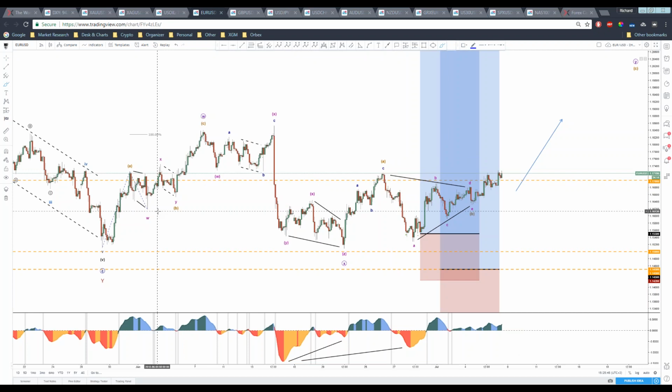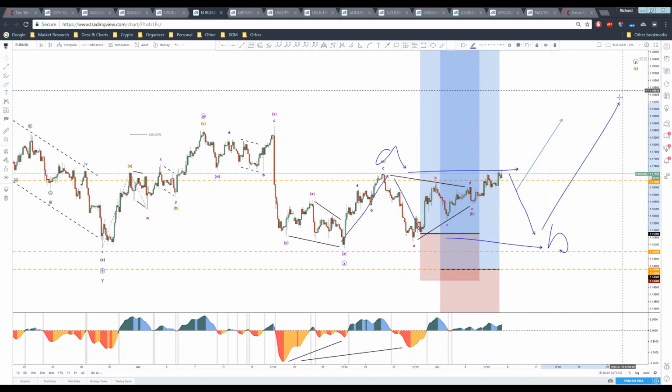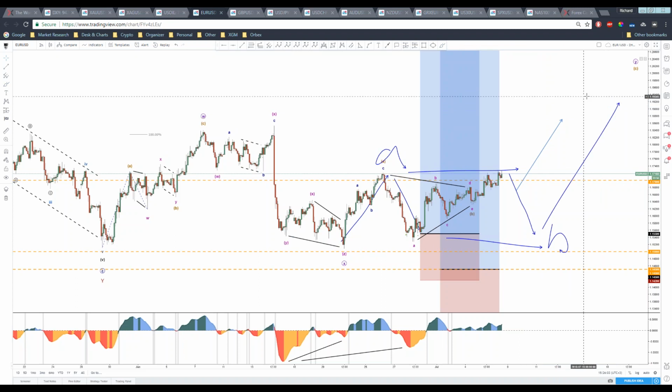Very complex structure right here on Euro USD, even more complex on USD Swiss. So the way I'm looking at things, even if this is supposed to be a corrective piece, right? Even if it delivers this, it will still have a complete pattern, leaving an A, a B, still leaving a C on the upside, possible for a larger correction.